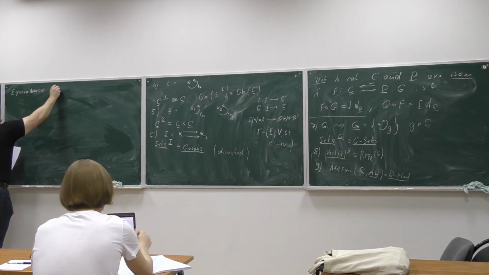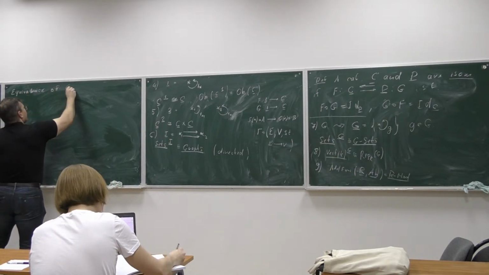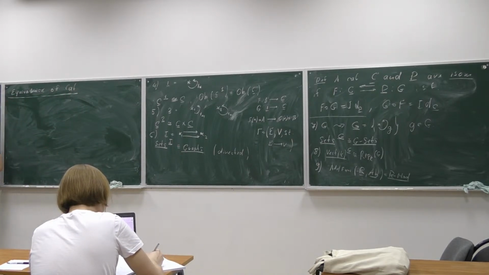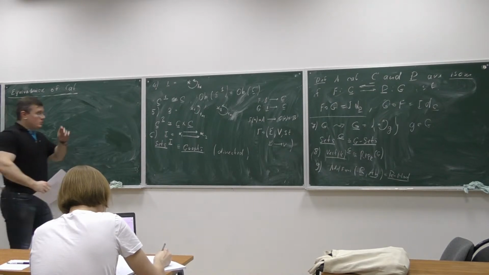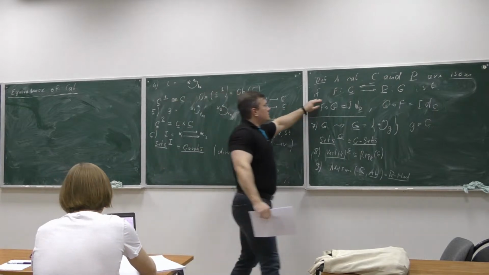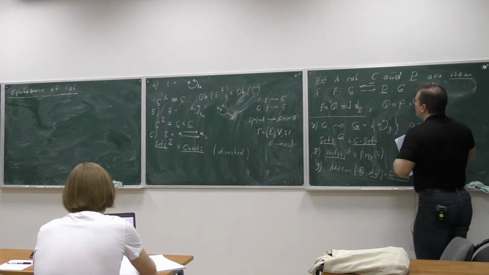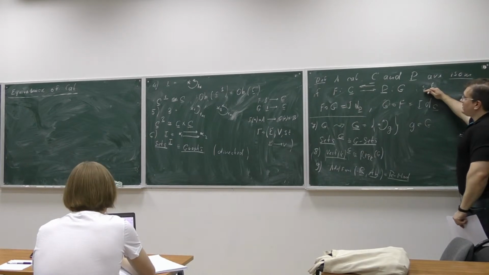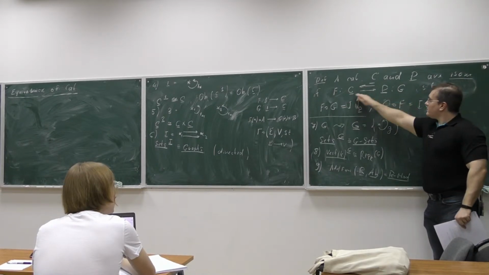So equivalence of categories. This notion of the isomorphism of categories is too restrictive, because if you return to this definition, you can see that there is a bijection of the objects in the two categories.